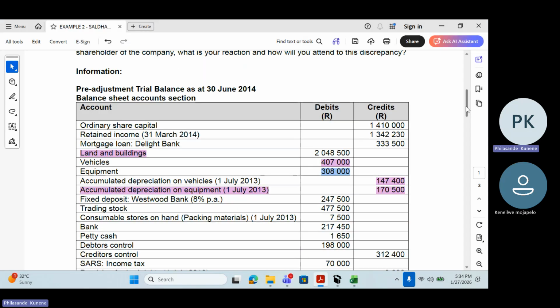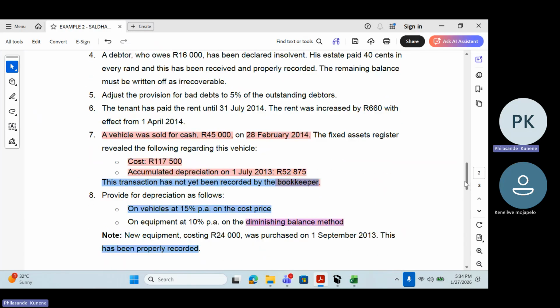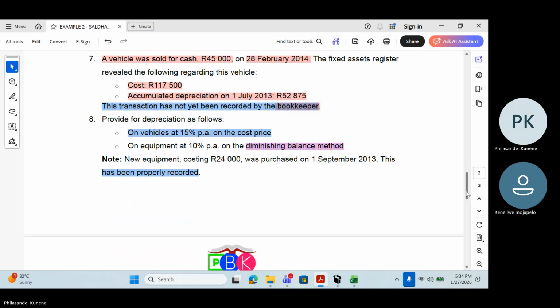You have to subtract 117,500 from the cost at the beginning.